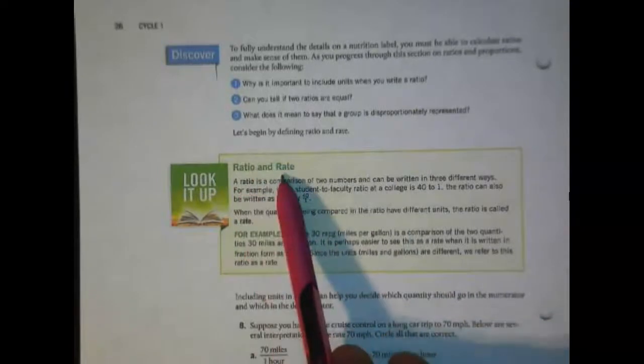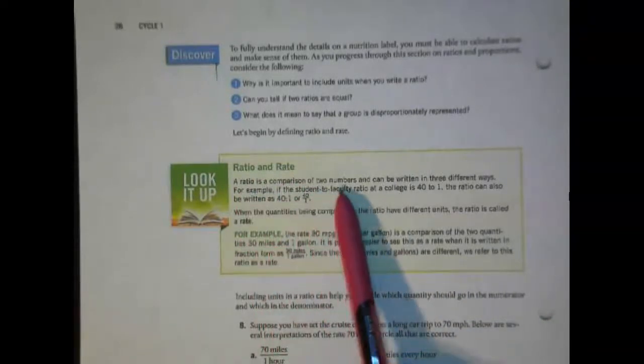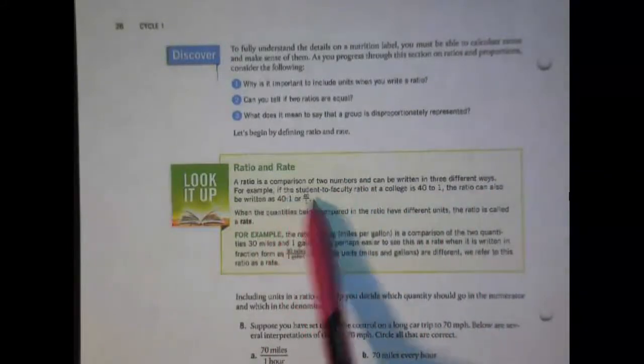Now we're going to actually talk about ratios and proportion. You probably know this. A ratio is a comparison of two numbers and can be written in 3 different ways.